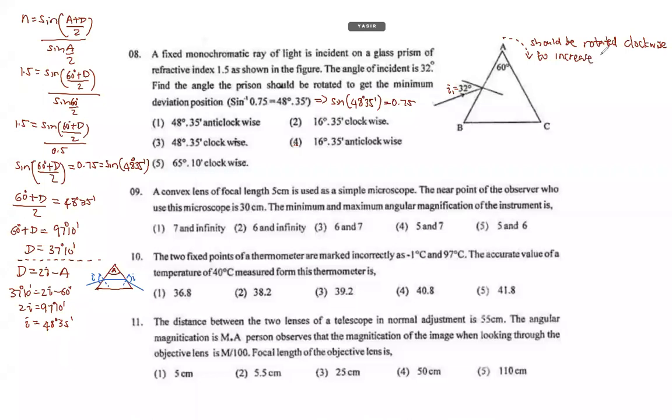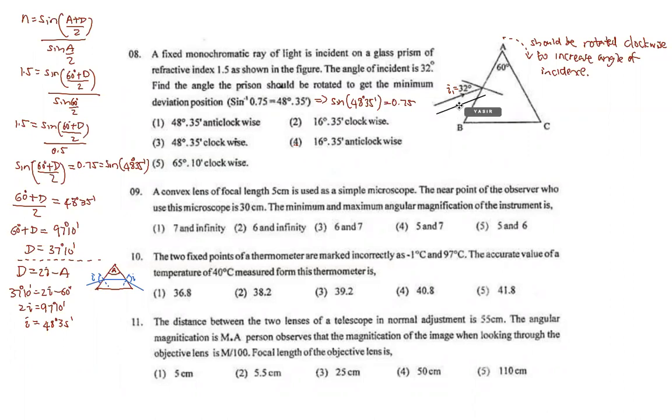Understood? Because the ray will not go anywhere. It comes from the ray box or some monochromatic light source, and when you rotate it in the clockwise direction, the angle of incidence will increase, because this normal will keep rotating to the other side. If you want me to put that into a diagram, this is what's going to happen. The ray will not change. So I have to draw a line which is parallel to this.